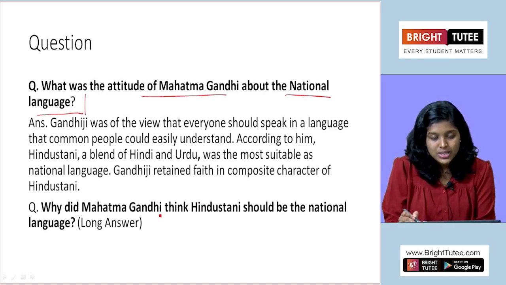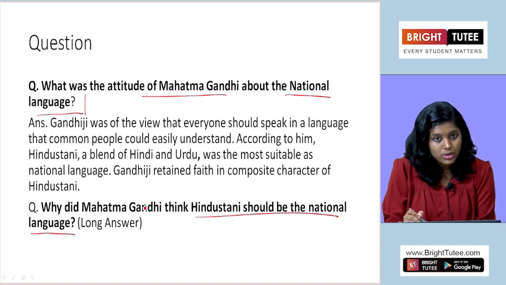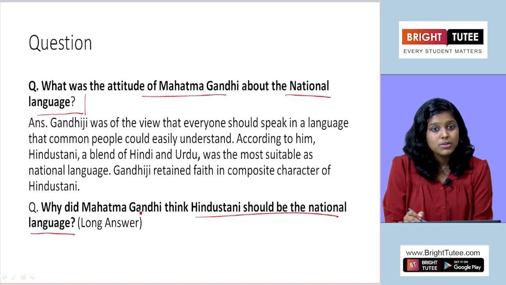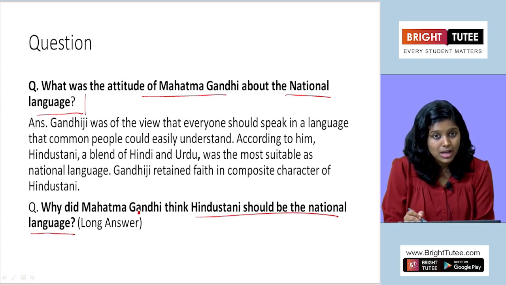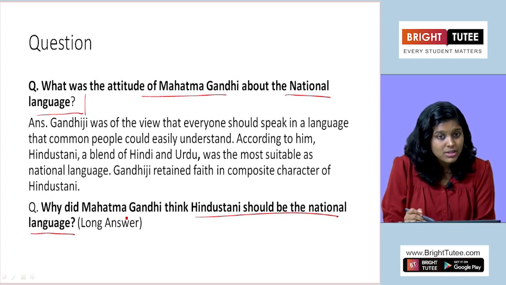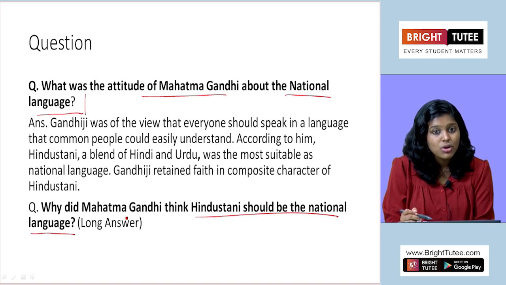And the other question is, why did Mahatma Gandhi think that Hindustani should be the national language? That's also something which we just now discussed, that it is because Hindustani is a blend of Hindi and Urdu, where both the traditions of the Hindu and the Muslim communities come together and give birth to a shared culture of love, harmony and peace.